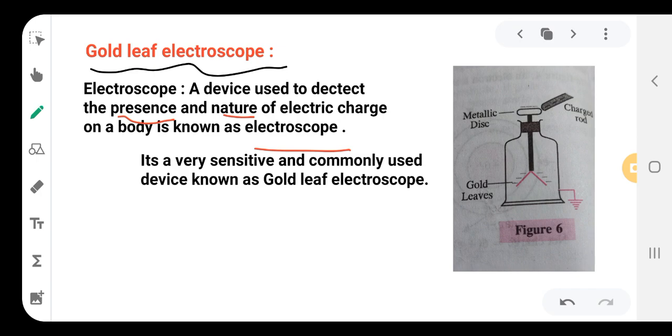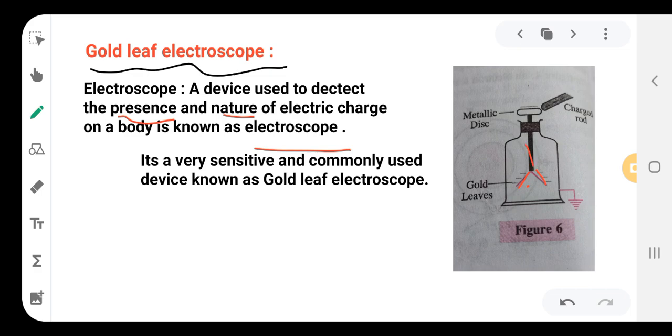Now why did this gold leaf come here? As we know, gold is a very sensitive material, hence a gold leaf is introduced here. At the end point you can see there are two gold leaves which are attached to this metal rod above.